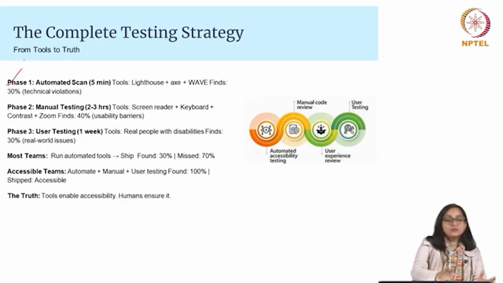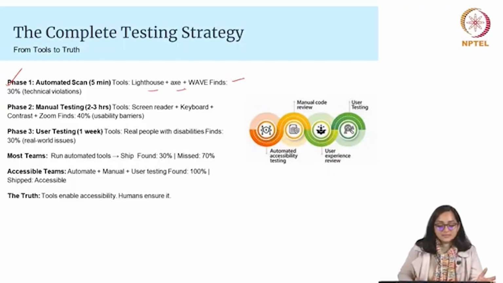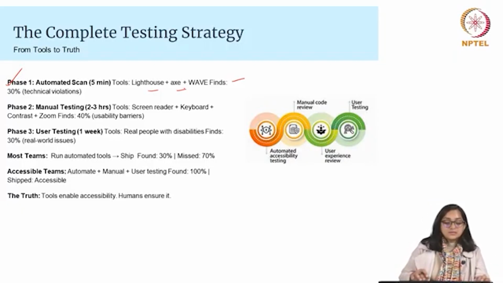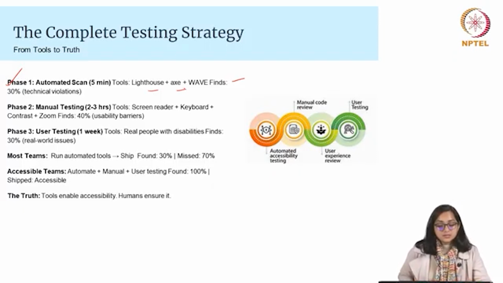In phase 1, you use automated scans: Lighthouse, Axe DevTools, Wave, and find out the technical violations. In phase 2, you do your screen reader testing, keyboard testing, all of this manual testing, which finds out your usability barriers. Then in phase 3, you do your user testing with real people with disabilities, which may take 1 week of time.